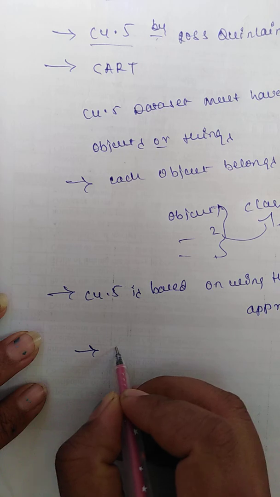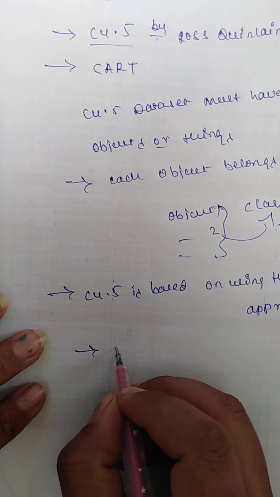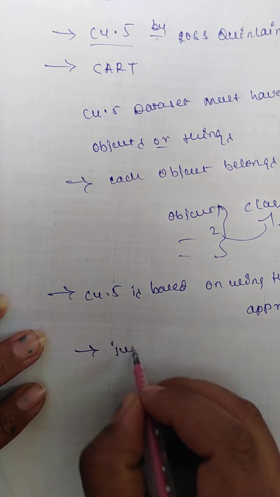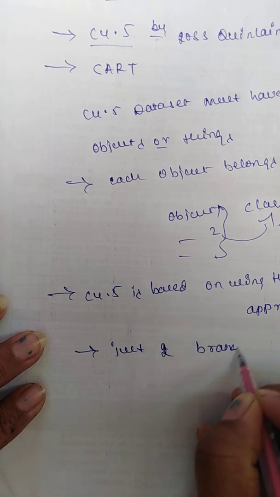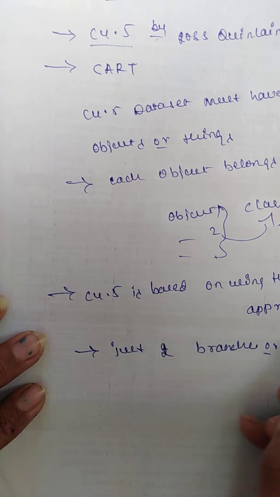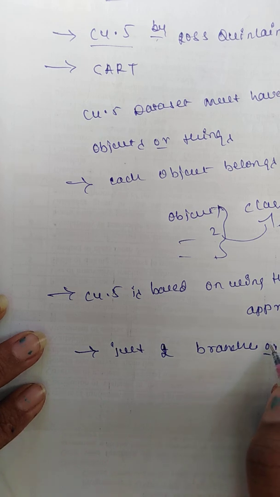In C4.5 we can use just two branches or more than two branches. Obviously a node with only one branch does not make much sense.